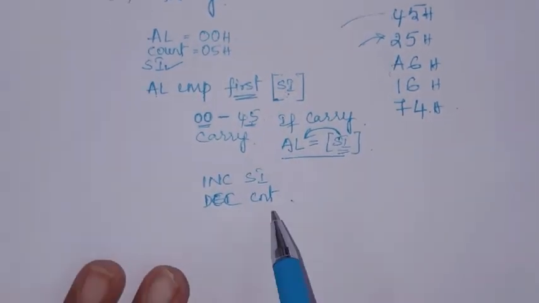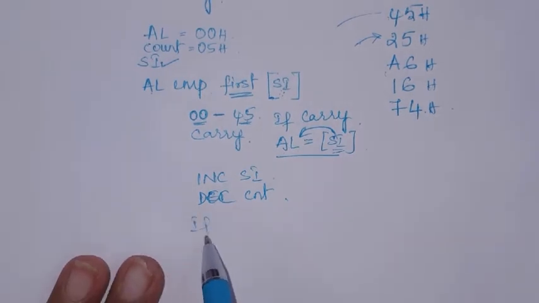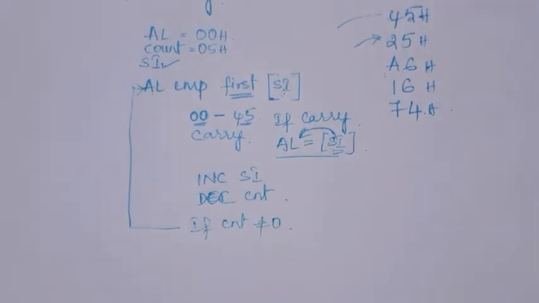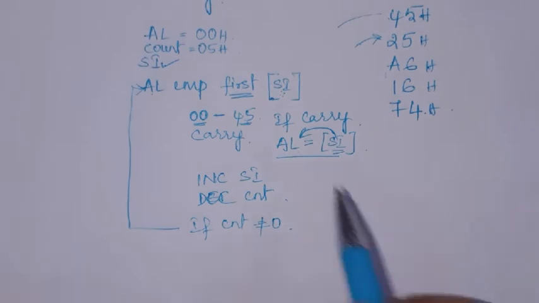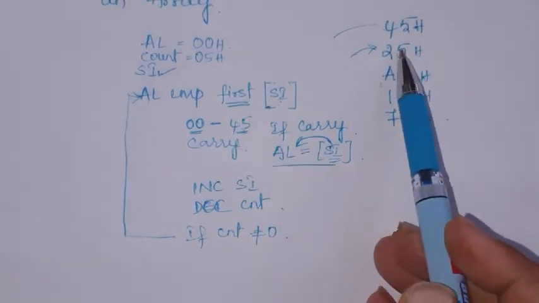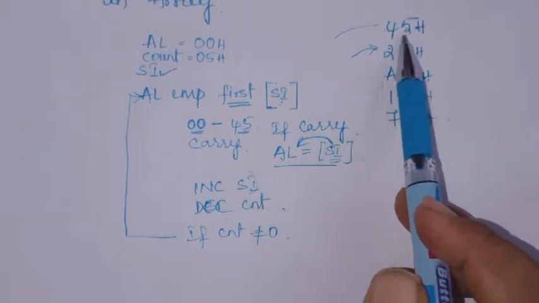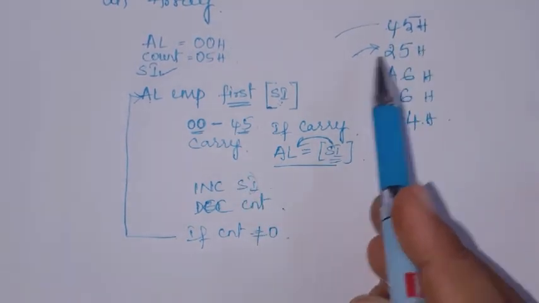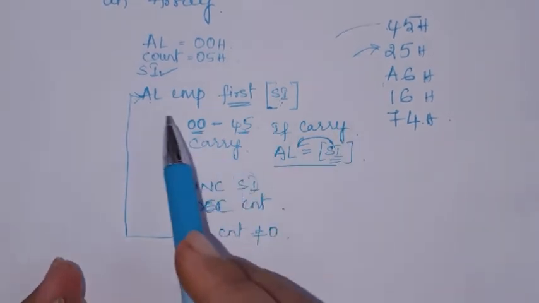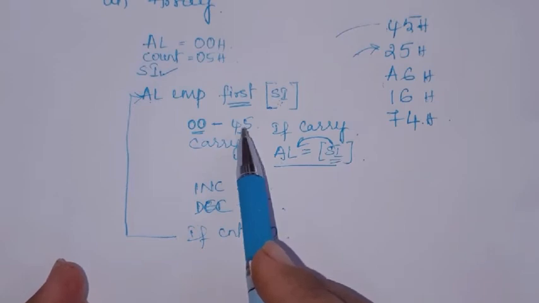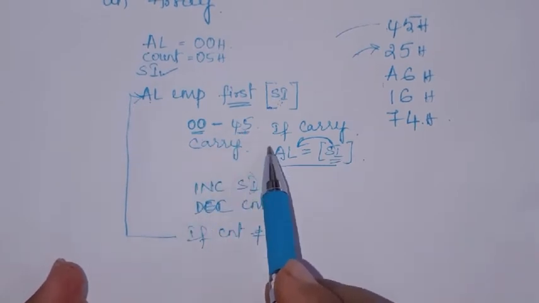So decrement count, and if count is not equal to 0, then compare again. So now the comparison will be with the second element, because SI is now pointing to the second element. Now 25 is compared with what AL is holding now. AL is holding 45. So 45 is compared with 25.